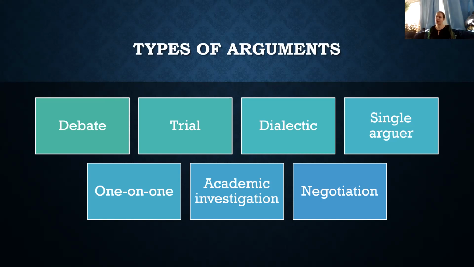The final type of argument is the negotiation. This is where you have two or more people argue as a means to reach a consensus. Think of the last time a big group of you went out to eat and couldn't agree on what restaurant to go to. Maybe 3 different restaurants were named and no one agreed on where to go.